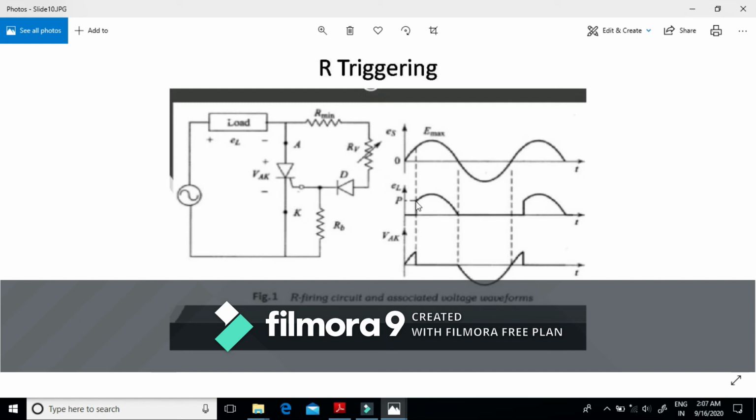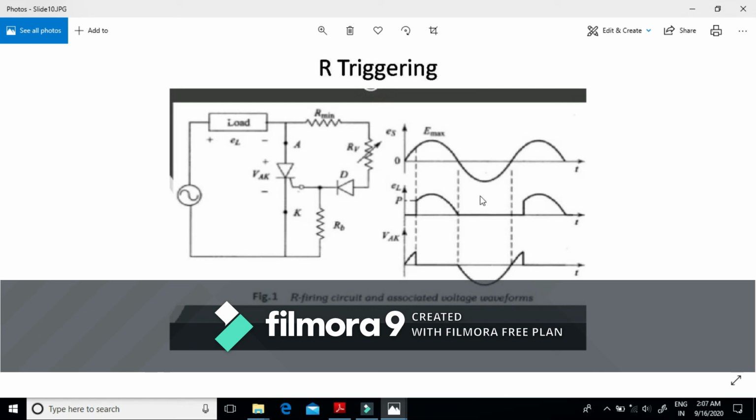That's why I am showing here from alpha to pi, this is following our source voltage. At an angle of 90, omega t equal to 90, we have the peak. Similarly, I am showing in the load that this will be the peak, and if it is decreasing at an angle of 180, similarly I am showing in the load it's decreasing at an angle of 180.